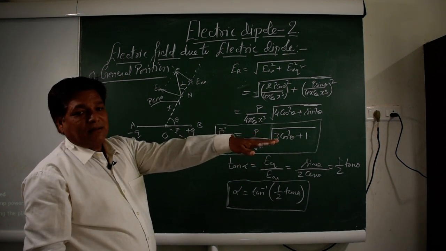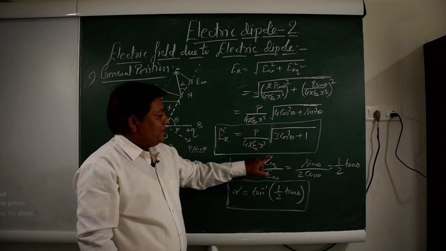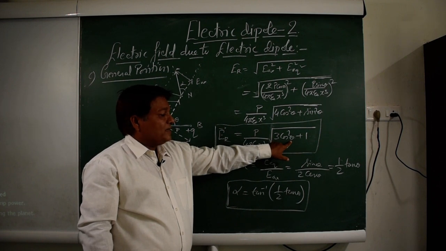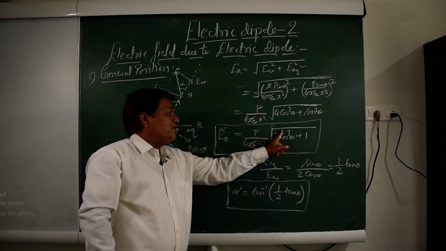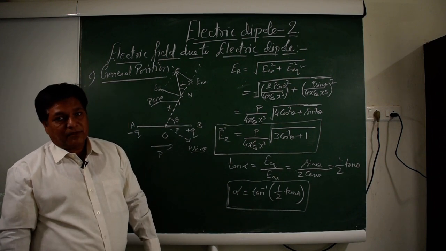Theta is equal to 0 with the electric field. So if we place 0 here, cos 0 is equal to 1, 1 square is 1, 1 into 3 is 3, 3 plus 1 is 4, and 4 comes out from the root as 2, so it becomes 2p upon 4 pi epsilon naught x cube.